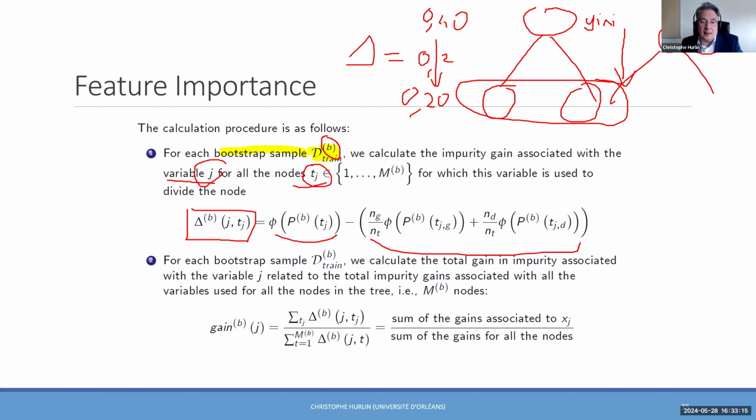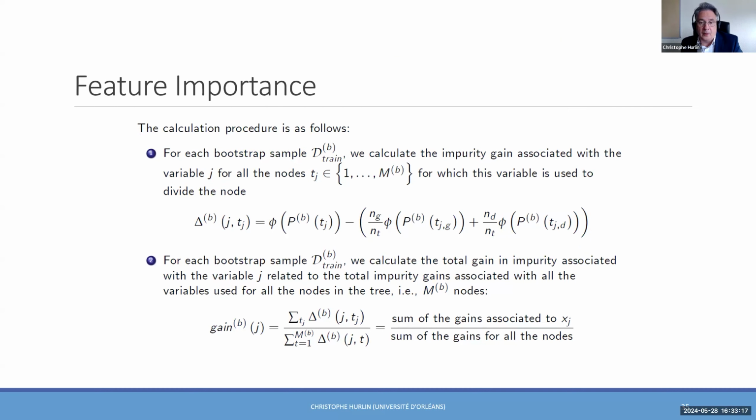Now, for each bootstrap sample, we calculate the total impurity gain associated with the variable j. Why? Because in my first tree, maybe the age is here, but the age is also used in this node.